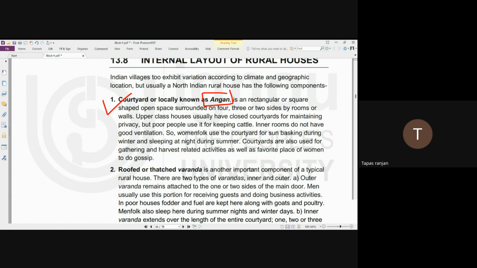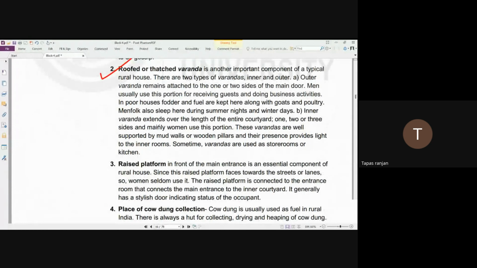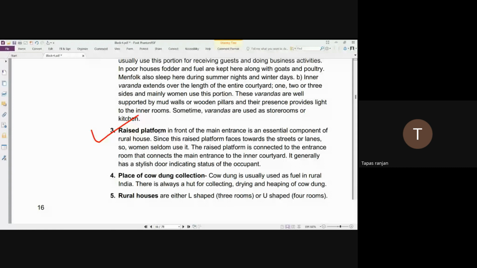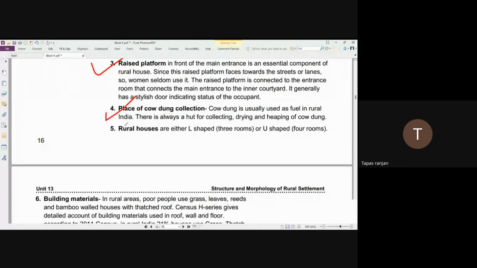And you have roofed or thatched verandas. Then different raised platforms are also seen even in India. A place for cow dung collection is also there in rural villages. You will see they will be collecting cow dung.